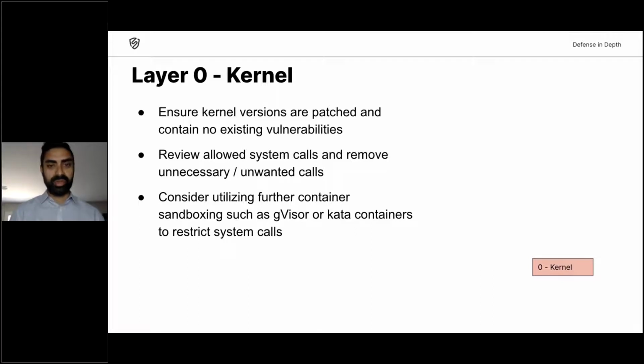First and foremost, we want to make sure the kernel versions are patched and do not contain any existing vulnerabilities. We'll want to review system calls and remove any unwanted or unnecessary system calls. We'll want to also run our sandbox containers to provide a barrier between the host OS and the application running inside the container.